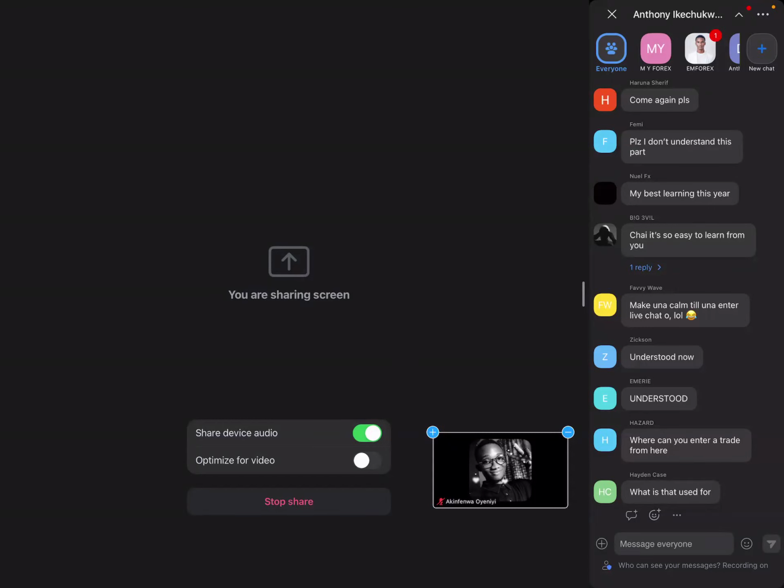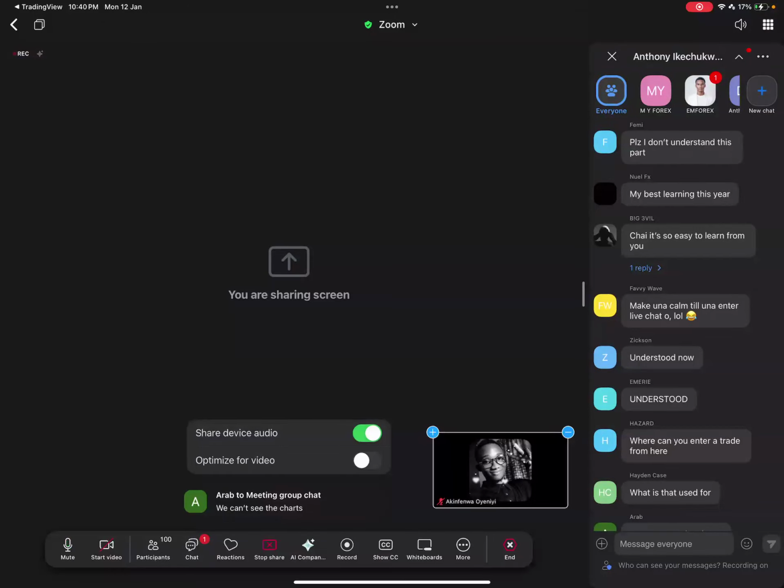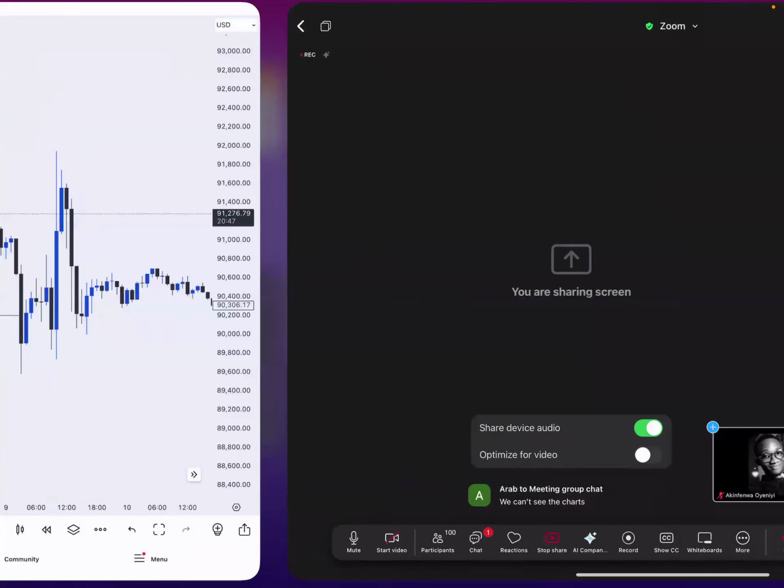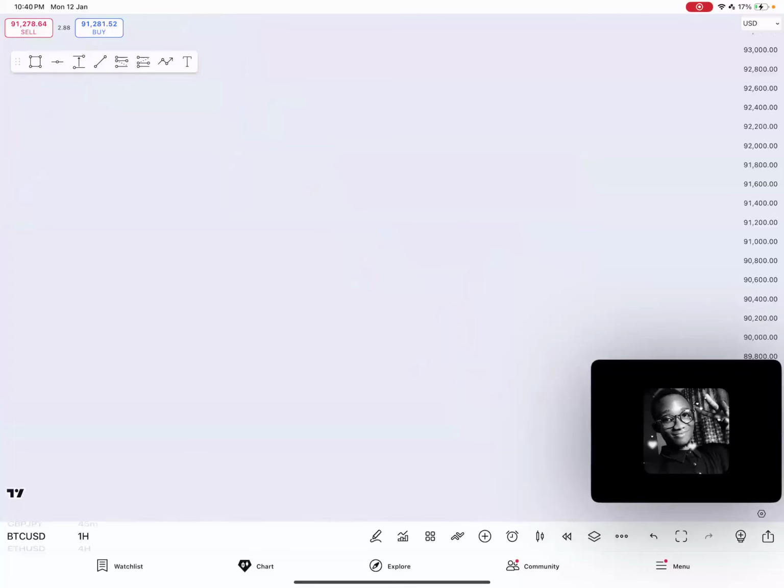After your MSS, if you get an inducement, it's giving you more confluence that the MSS you got is valid, or that the double construction you got is also valid. Now, an inducement is also a trap. It lures traders into thinking that the market is about to move at that level. So it acts as an extra layer of confluence.